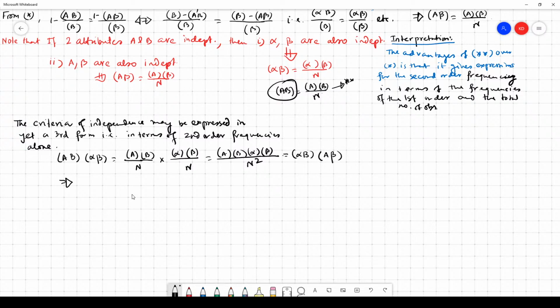Okay, so this means AB by alpha B equal to A beta by alpha beta, or AB into alpha beta equal to A beta into alpha B.